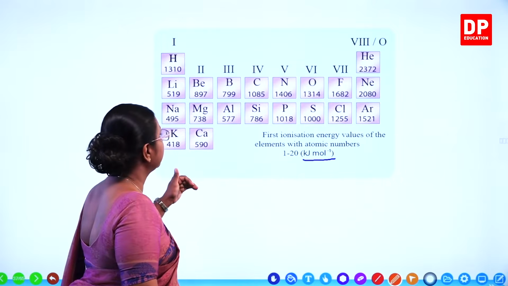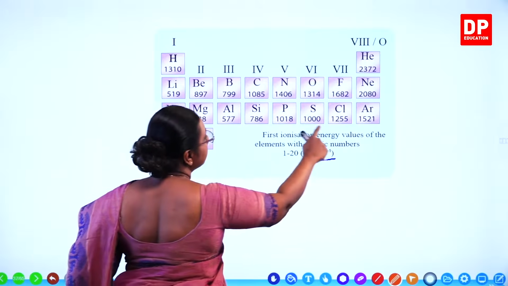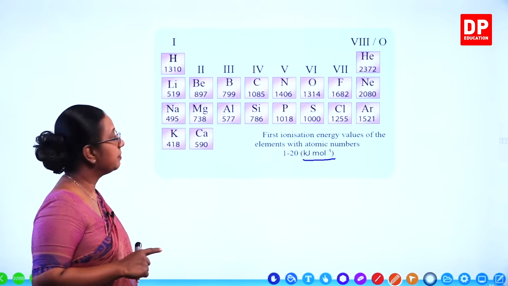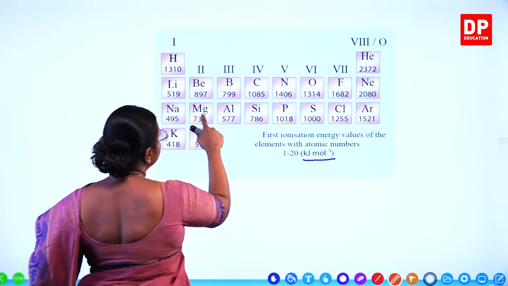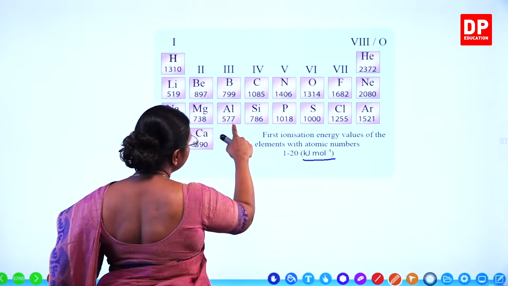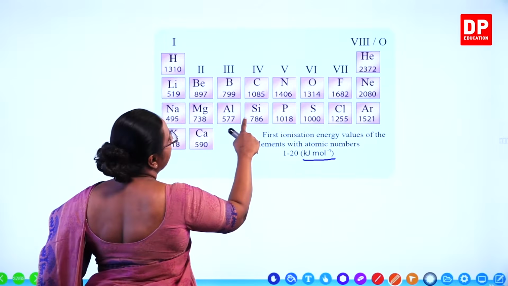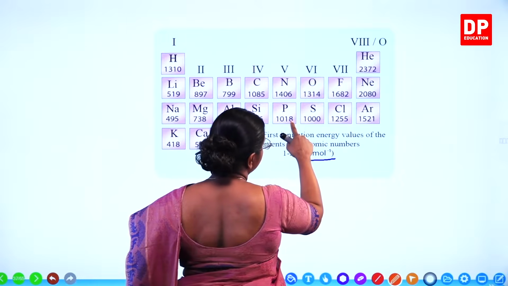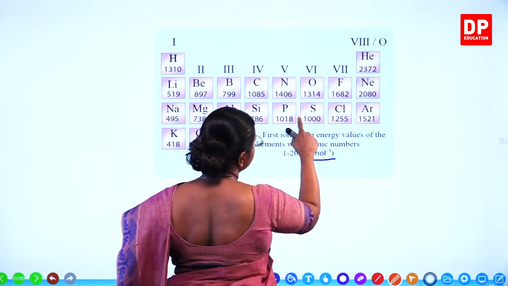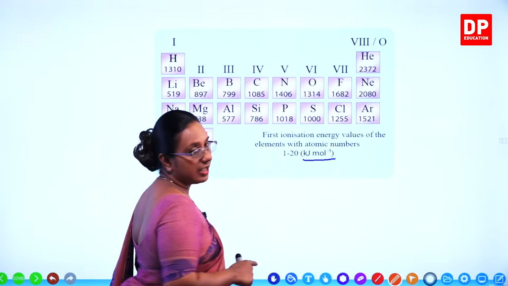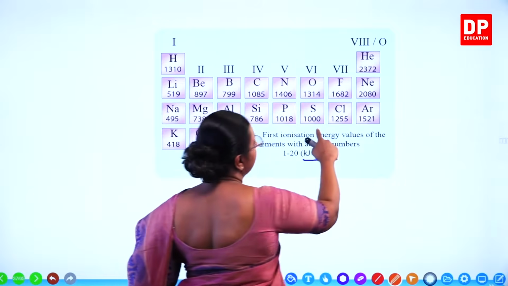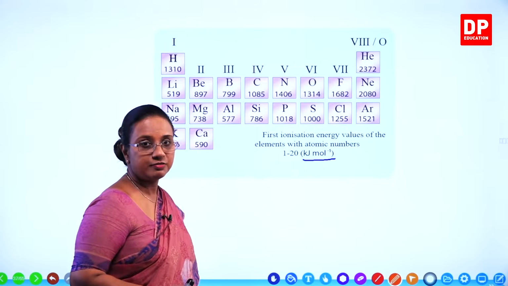The same pattern is seen in the elements of the third period. 1 to 2 there is an increase, third one there is a drop, and then 4, 5 there is an increase, sixth one again there is a drop, and then it increases further.